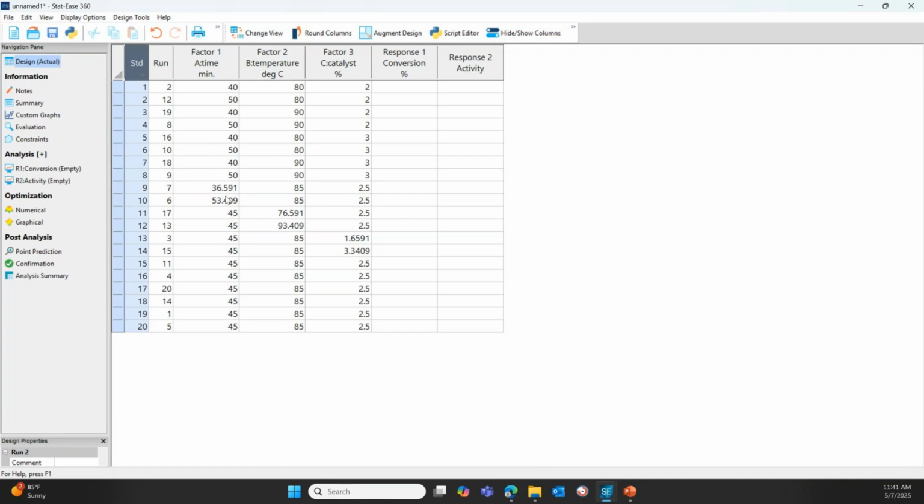So in order to minimize the impact of that, we're going to have a random order to things. We're going to have a run order, and that's going to shuffle the deck, if you will, so we don't see as bad of an influence from these lurking variables. It sort of mitigates the problem to some degree. So randomizing the runs is very important in all DOE. Okay, let's get our data.